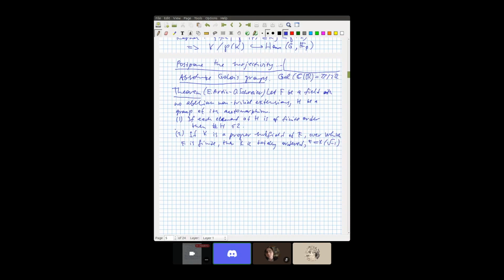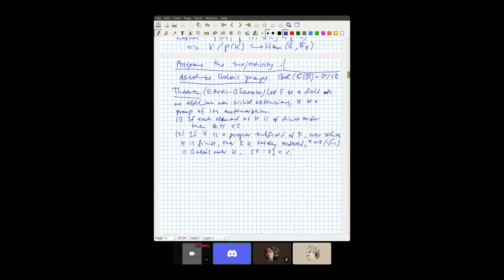So it is non-trivial, and it is Galois over K, and of course it is of degree 2.